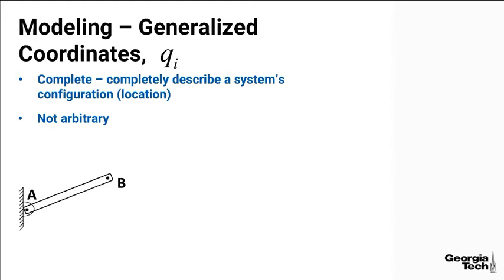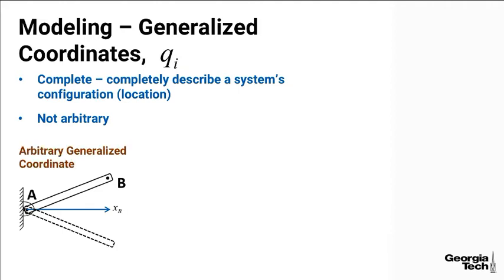Well, here's a system, a bar AB, shown in the position here. And we could describe the position of B as how far it goes out in the x direction. We know the length, so we could easily find yB as well. But xB should describe the position of B. However, it also describes the position of B if the bar is in this position.